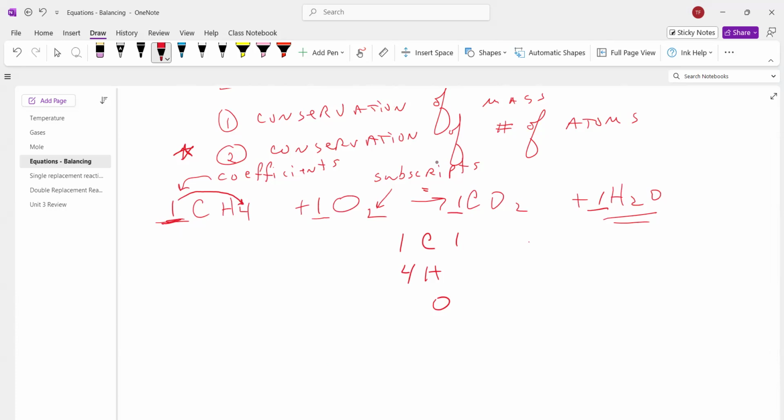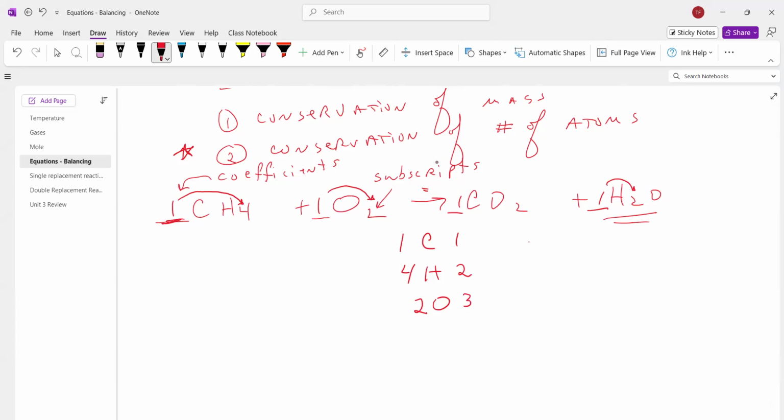Okay, on the right, we have 2. So right away, we have a problem. Carbons are fine, not hydrogens. Oxygens, we have 2 on the left, 3 on the right. Again, we have problems.